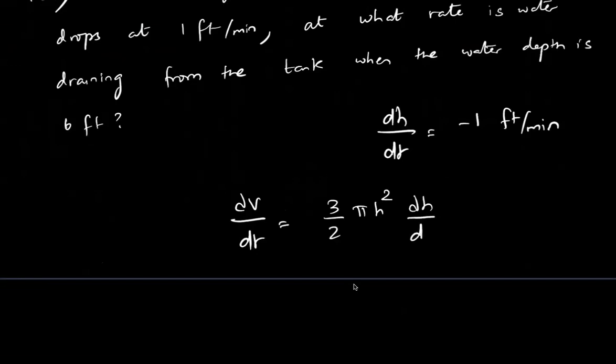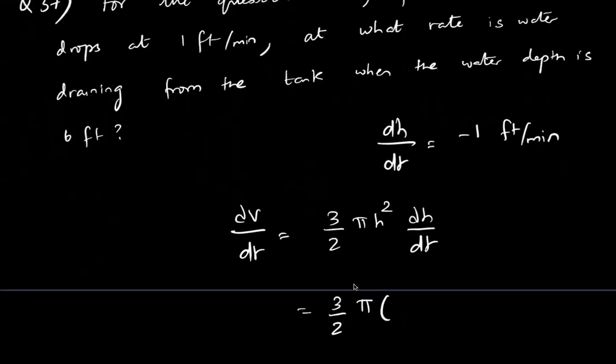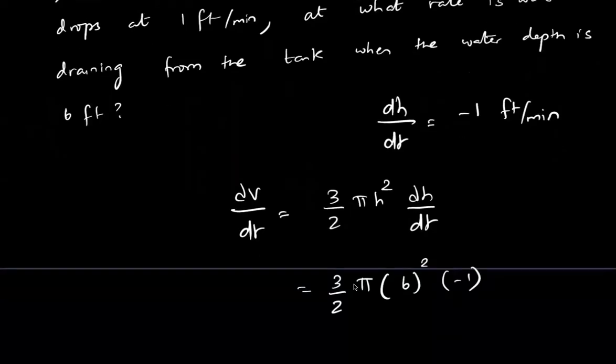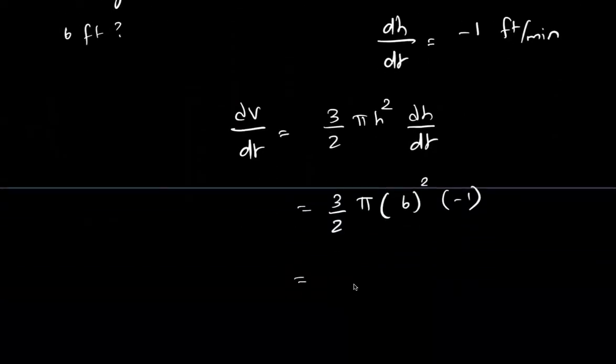So this is what we have. So all we need to do is substitute. But now the water depth is given to be 6 feet. So we substitute and this is what we have. So 6 squared is 36. 36 divided by 2 is 18. 18 times 3 is 54.